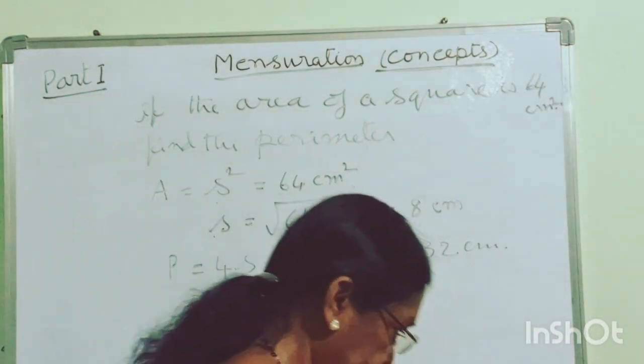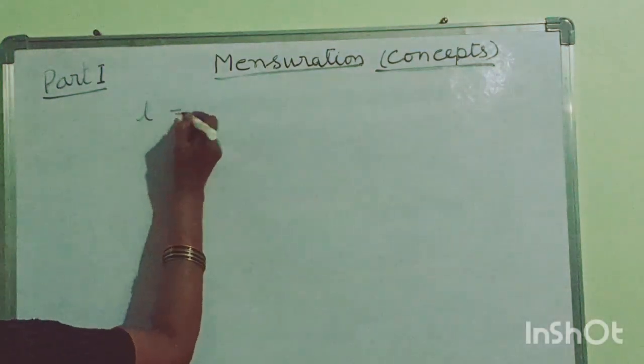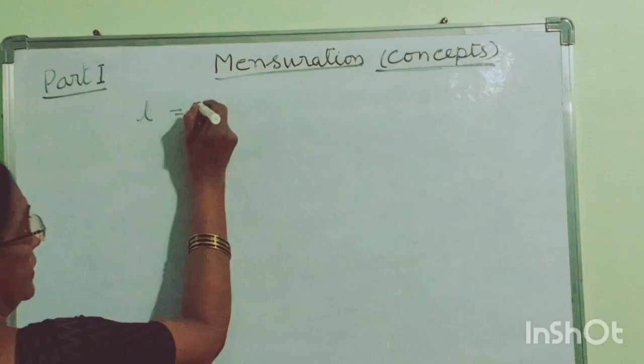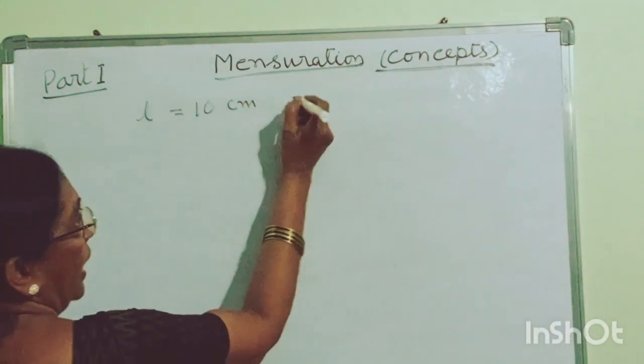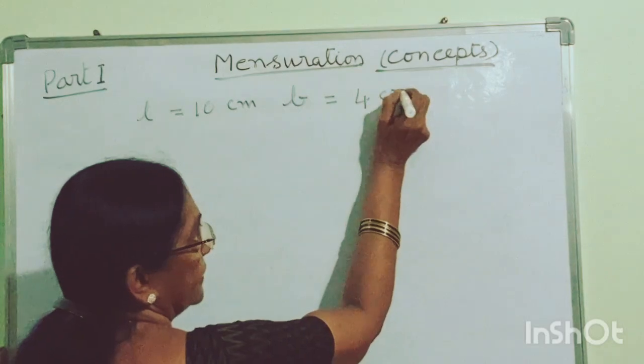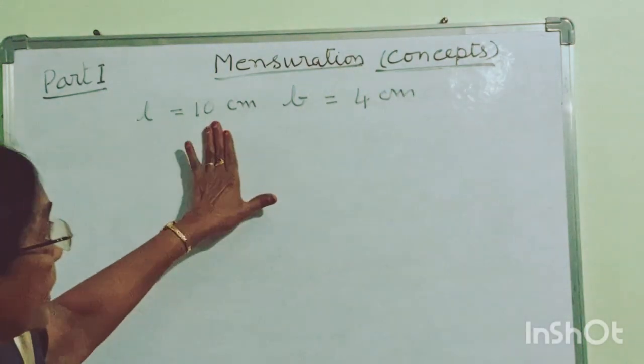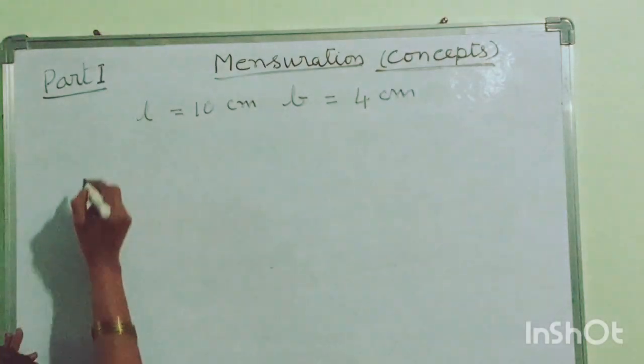We will take another example on rectangle. The length of a rectangle is 10 centimeters and breadth is 4 centimeters.